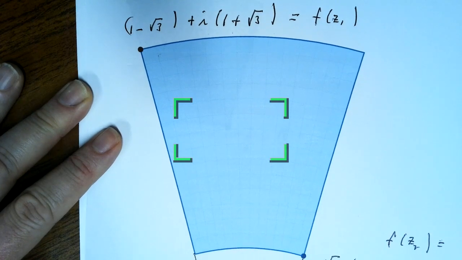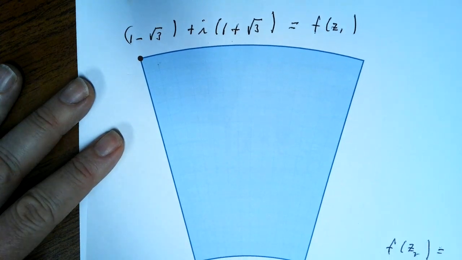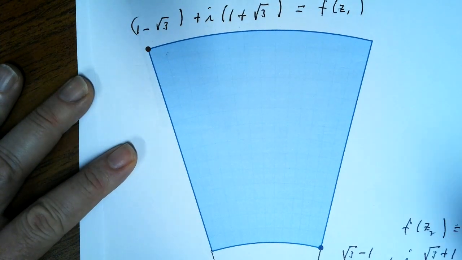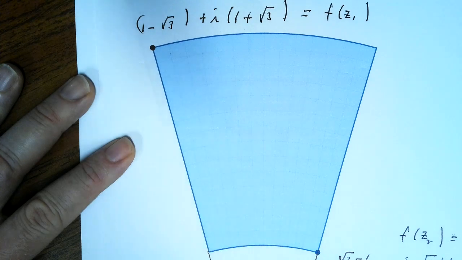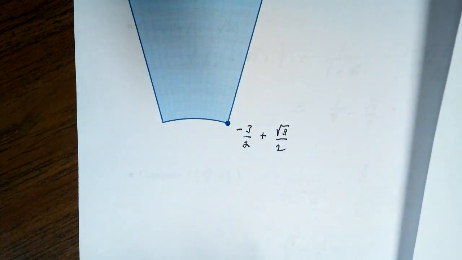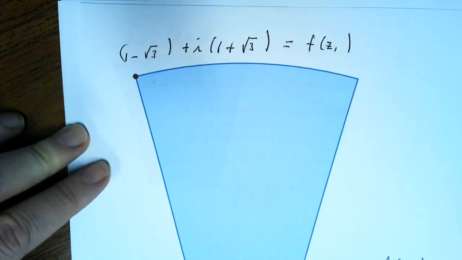So for example, let me make sure I got that right. I'm going to take every point here, and I'm going to shift it 1 unit left and 2 units up.